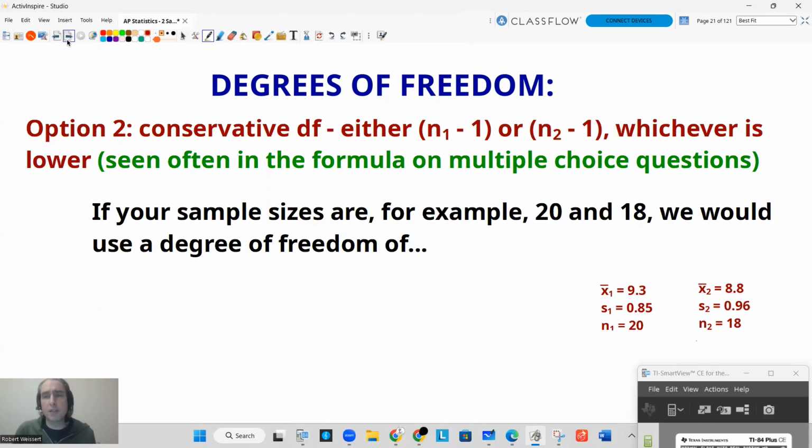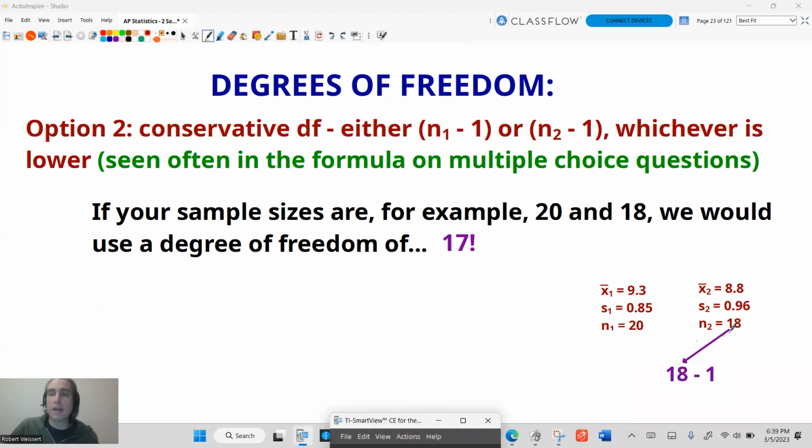If our two sample sizes are 20 and 18, we pick the smaller of the two and subtract 1 from it. So you know it's going to be 17 here. Subtract 1 from 18 and you'll get your degree of freedom of 17. Not the 34 point whatever your calculator represented, just plain old 17.